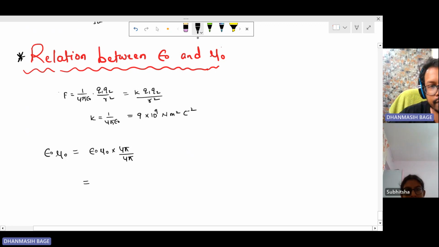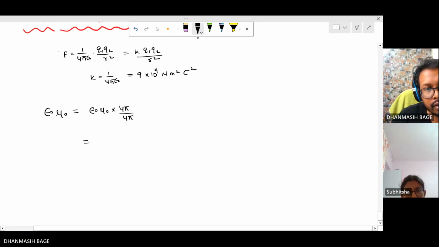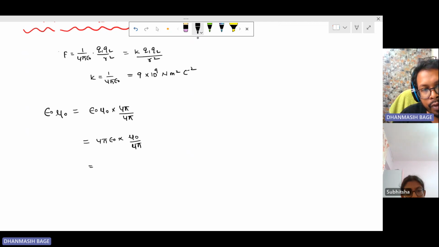Then that will give us 4 pi epsilon naught times mu naught by 4 pi. Exactly the same thing. Now you already know 1 by 4 pi epsilon naught is simply equal to 1 by k, and this mu naught by 4 pi is simply equal to 10 to the power minus 7.